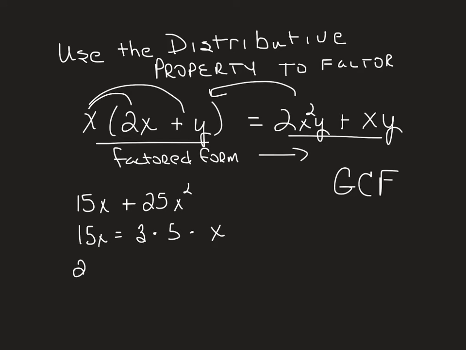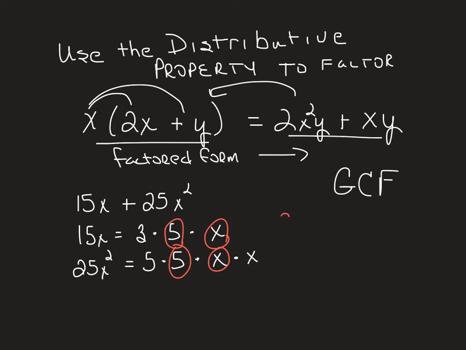And if I factor 25x squared, well, that is 5 times x times x. Now, the greatest common factor, remember, is what's common to both. So I'm going to circle what's common. I have a 5 and a 5, and an x and an x. So in this case, that's all that's common to both.